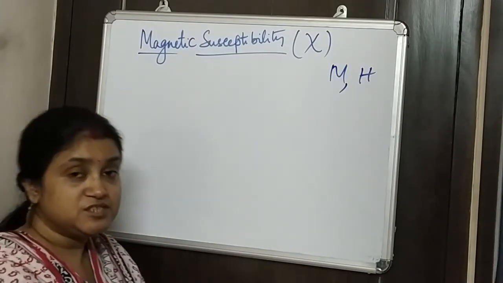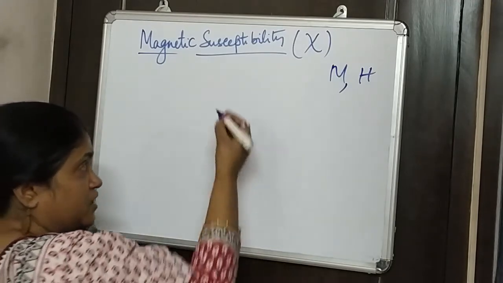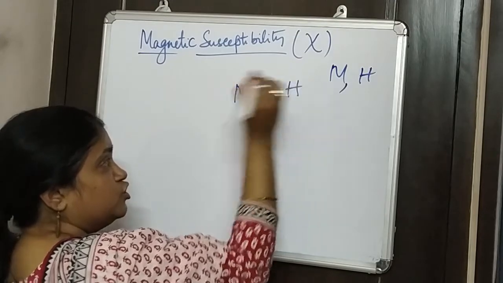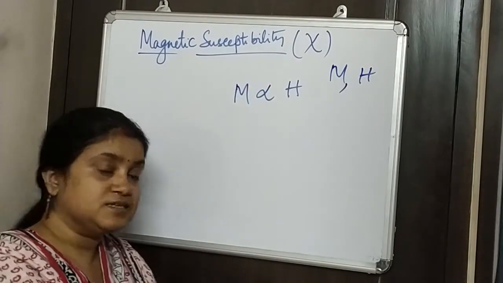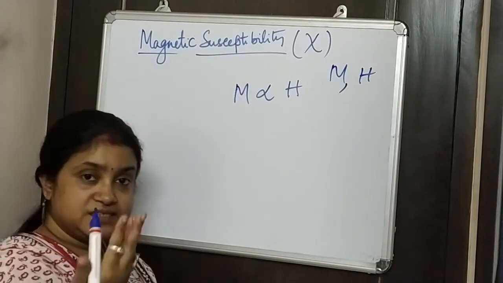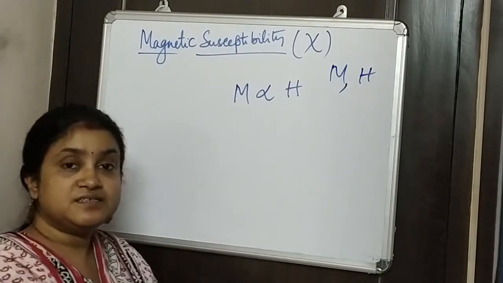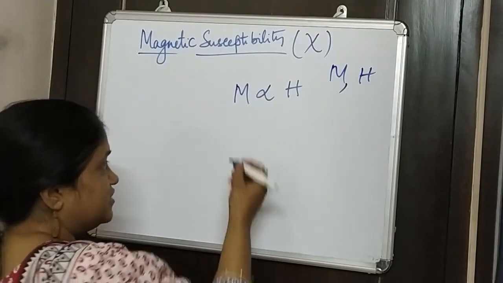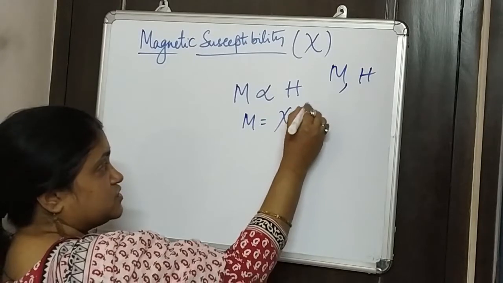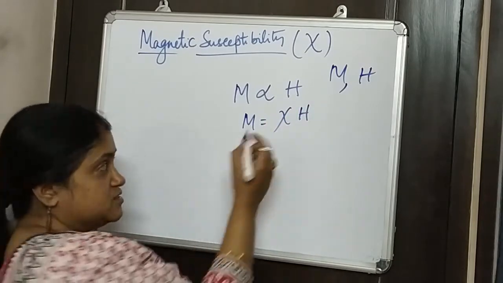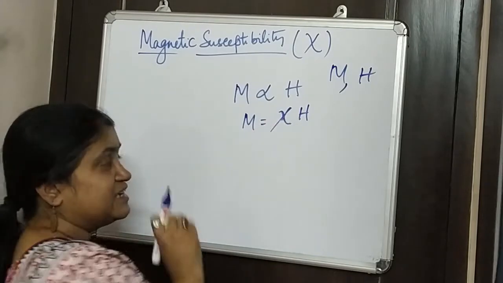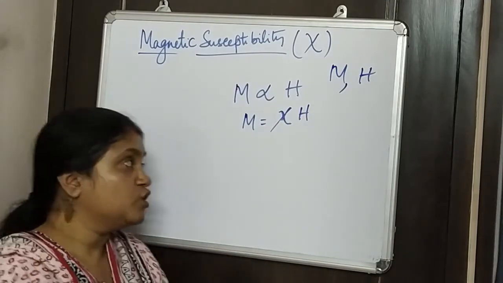It has generally been seen that magnetization is proportional to the magnetic intensity. It means that as magnetic intensity increases, magnetization also increases, and therefore when we equate them, we have a proportionality constant chi.